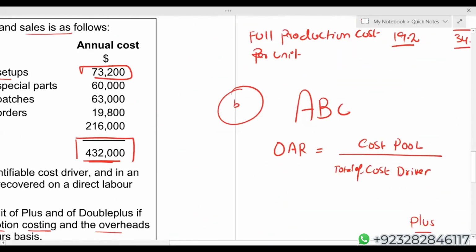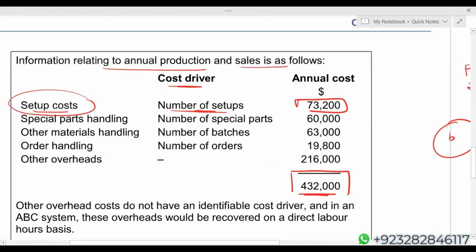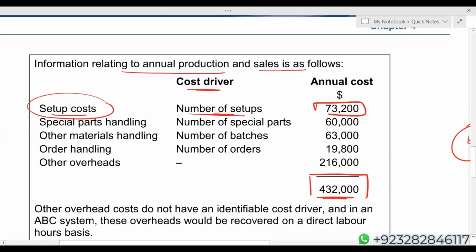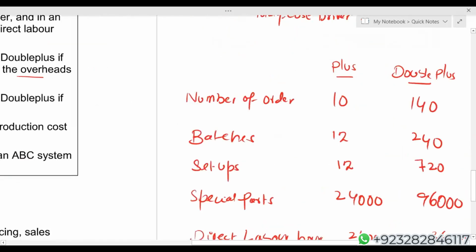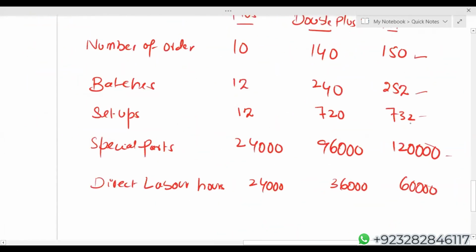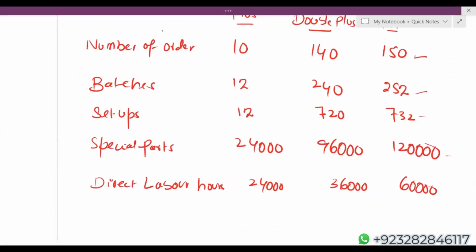The setup cost is 73,200. We just need to divide this setup cost by the number of setups. Let's find out the total number of setups. Students, the total number of setups is 732.